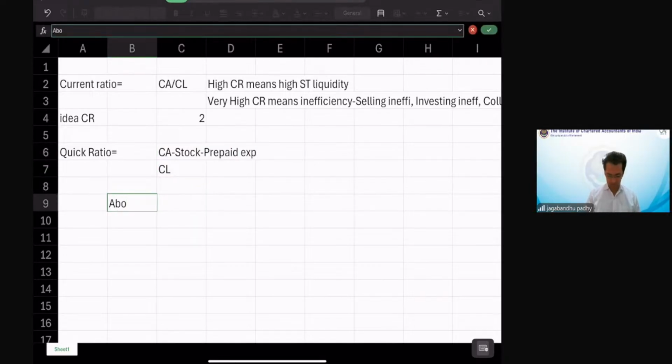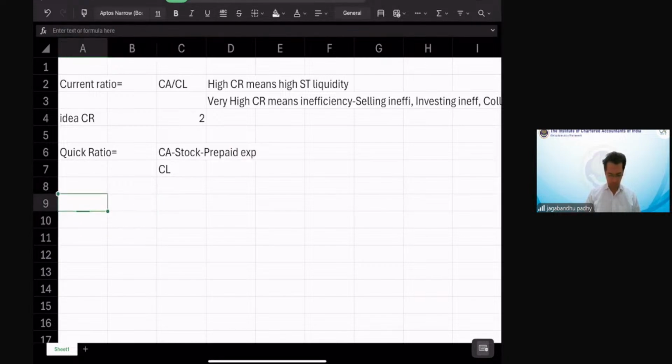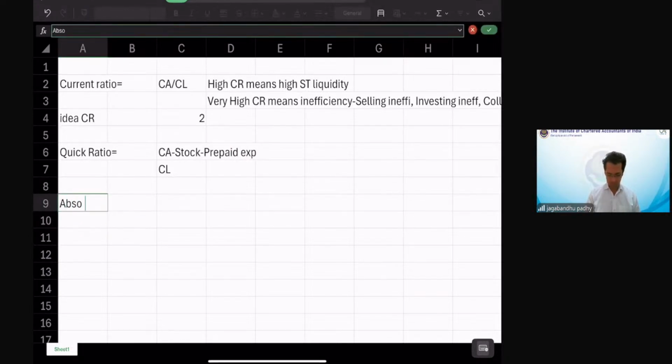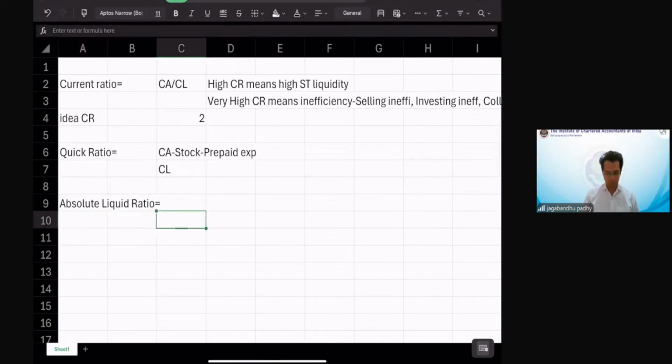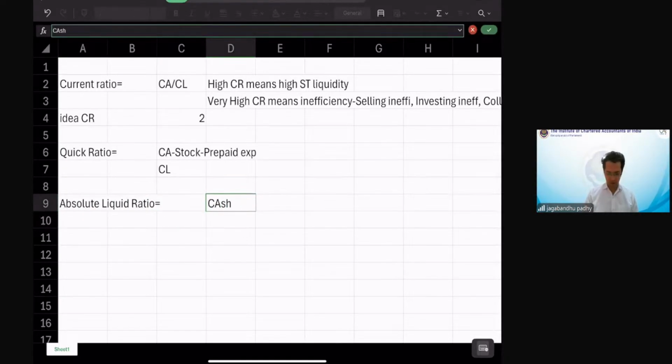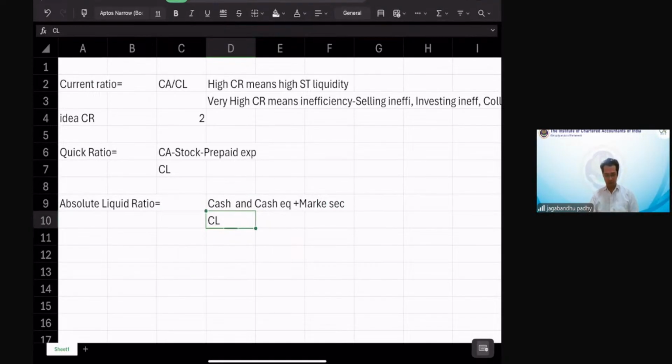And then the absolute liquid ratio. Absolute liquid ratio will be cash and cash equivalents plus marketable securities divided by current liabilities, right? That was the absolute liquid ratio.